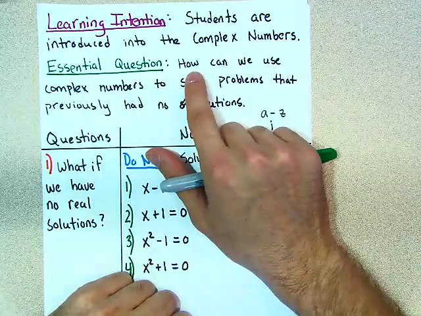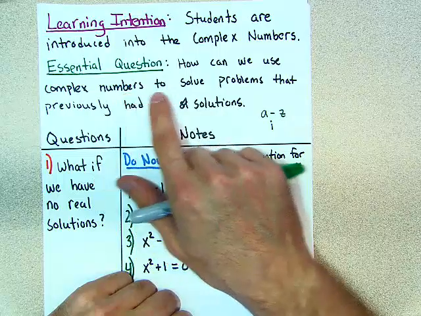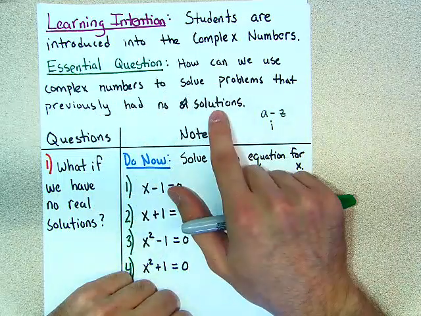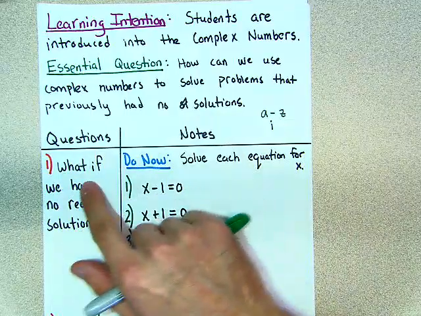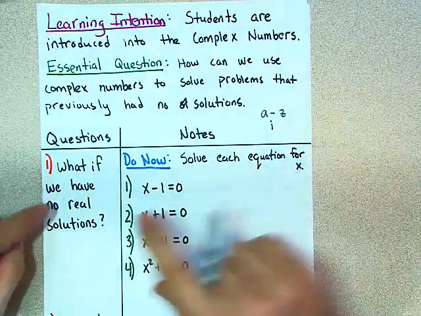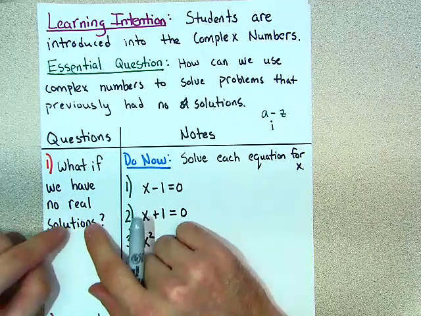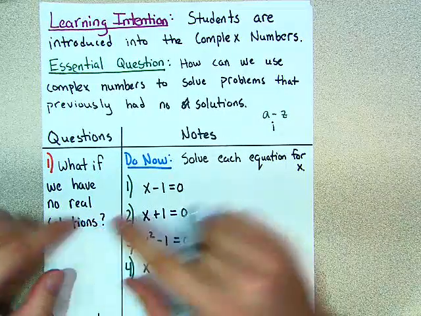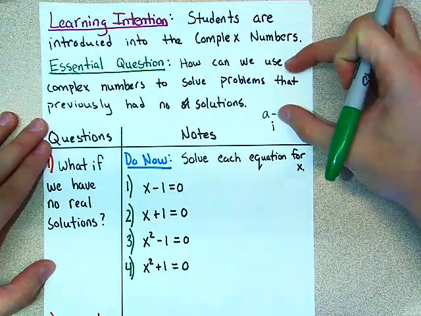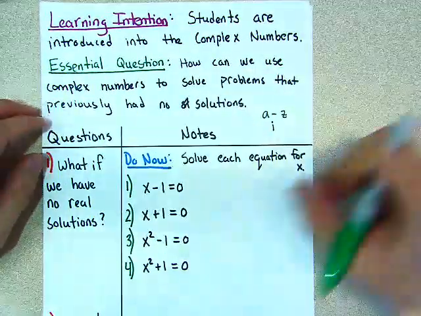An essential question: how can we use complex numbers to solve problems that previously had no solutions? So this will be the first question. What if we have no real solutions? To get you into this idea of what it means to have no real solution, what I'd like you to do is first have the learning intention, essential question, and your Cornell notes set up.